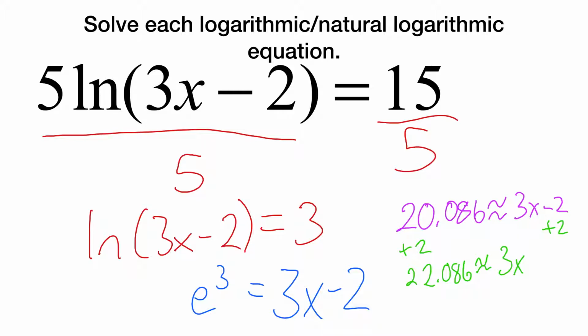And then I just divide that number by 3. And what we end up getting is, let's see, we end up getting about, give or take, looks like 7.362 is approximately x.